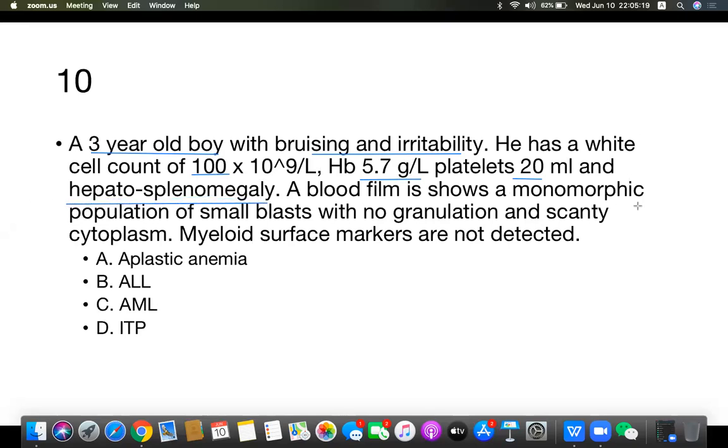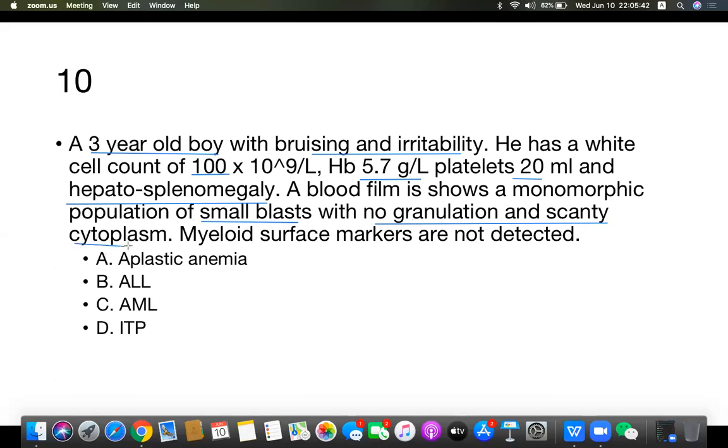A blood film is shown: a monomorphic population of small blasts with no granulation and scanty cytoplasm. This is very typical of lymphoblast. In myeloblast, there are plenty of granules inside, and the cytoplasm is also a little bit more than in lymphoblast.